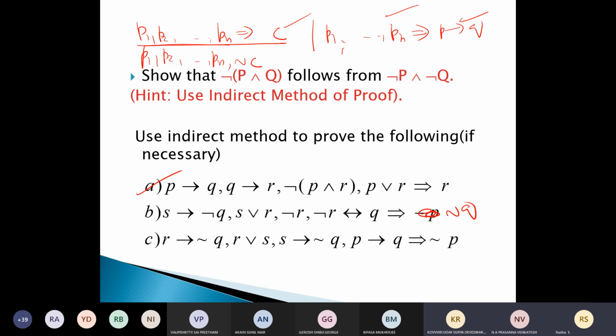Okay, shall we take one question? For example, the first question we'll do. Very simple, then we'll do all these three questions.